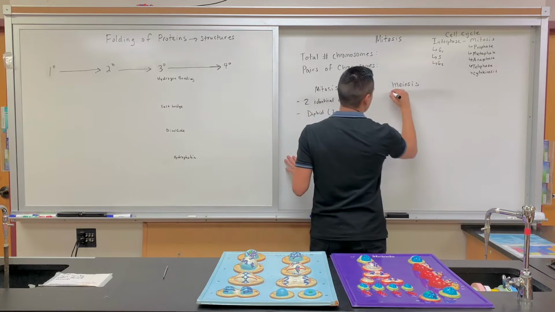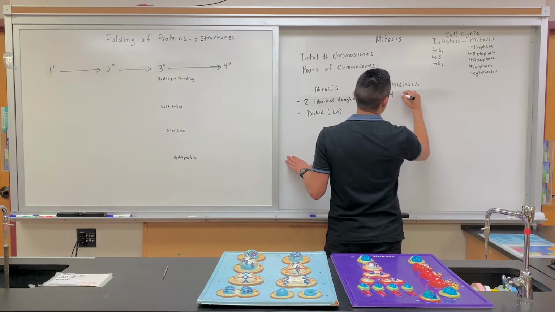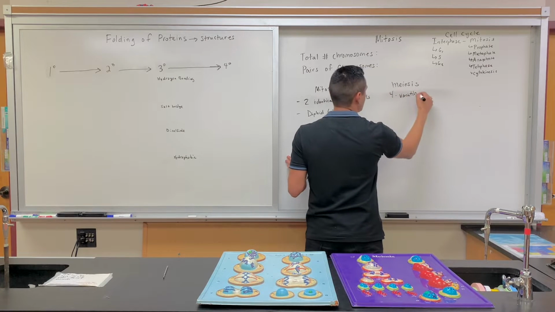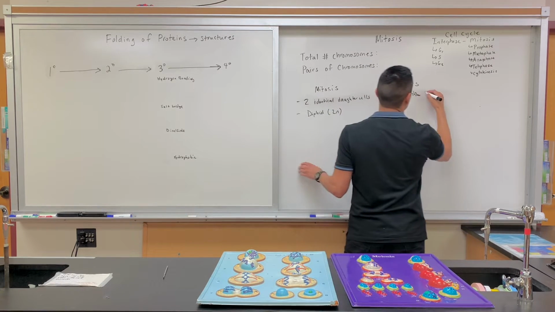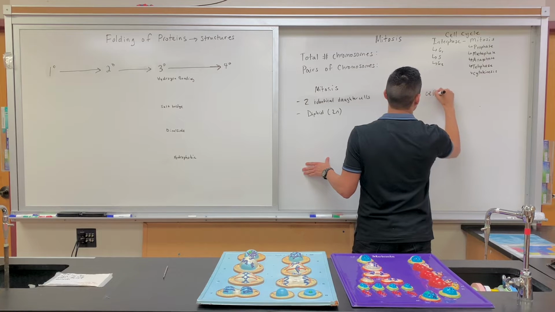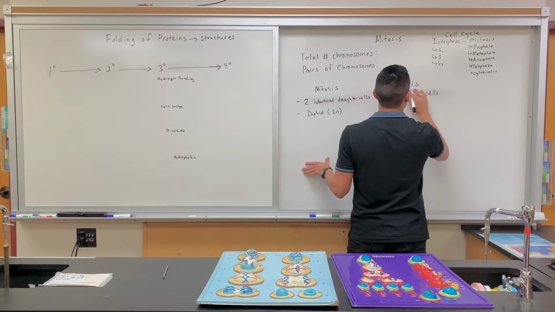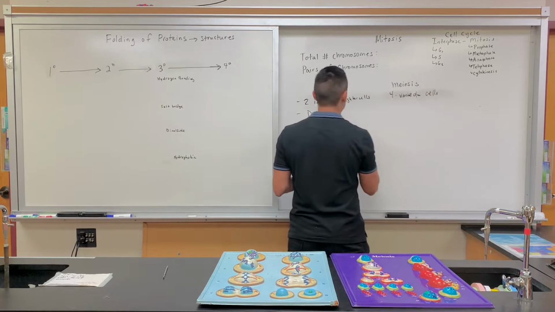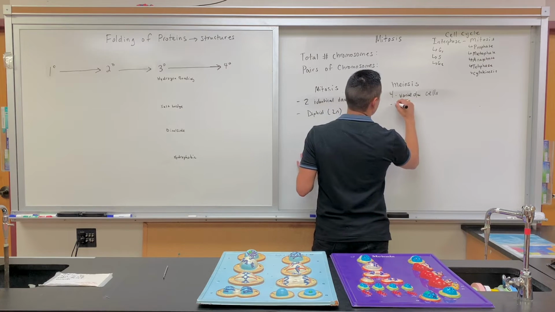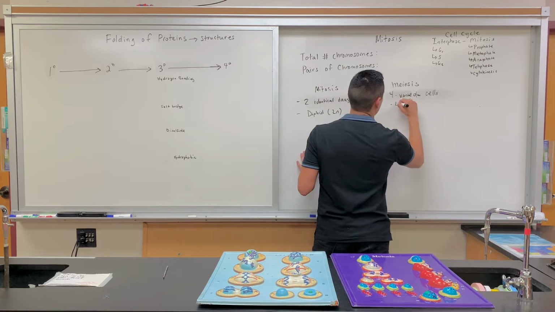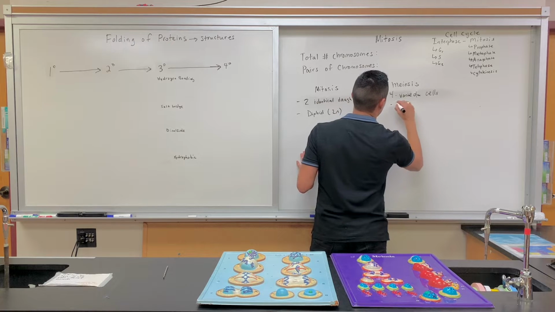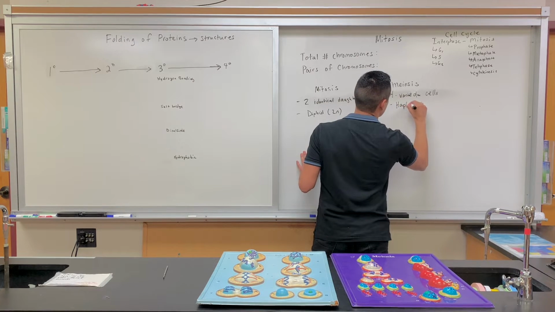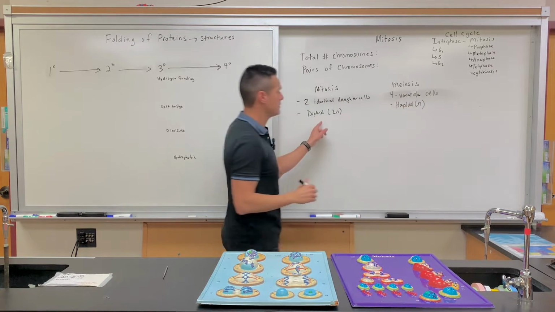For meiosis, we have 4 varied cells, there's some variation, and these are all haploid. So this is N.